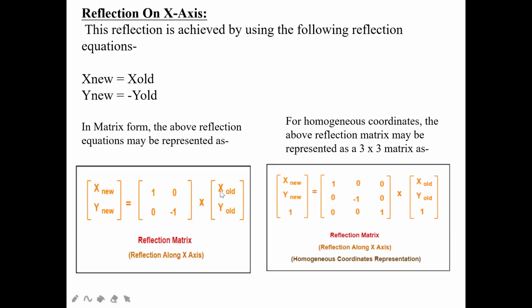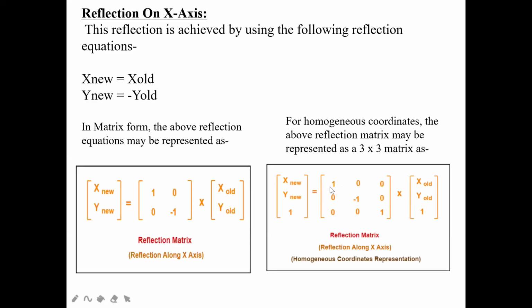But the same thing, if I represent it in my homogeneous coordinate system, I have to write the z axis as it will be an identity matrix. So I'll just write it as 1. And in my old initial points also, I have to represent it as 1. So in your matrix, the value in your z axis will always be 1.